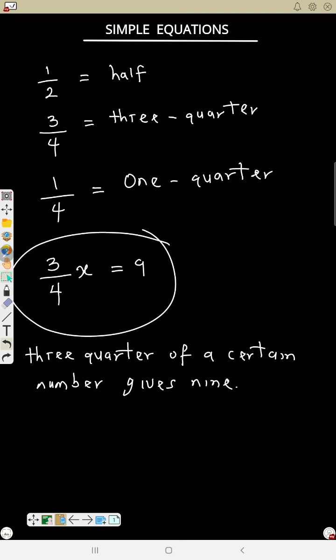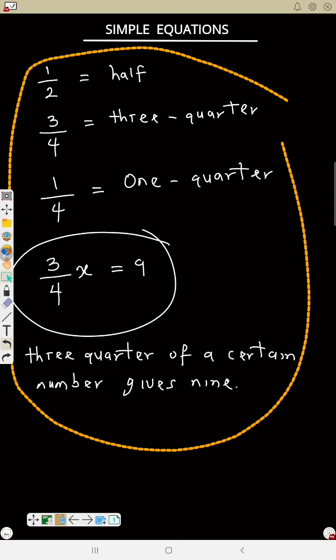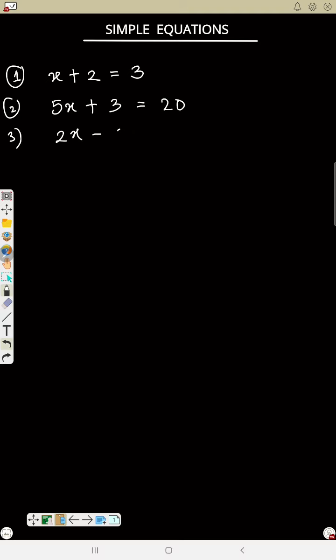Now let's write equations, then you will interpret them. So now, what is the meaning of these equations? 1: x plus 2 is equals to 3. 2: 5x plus 3 is equals to 20. 3: 2x minus 3 is equals to 4.